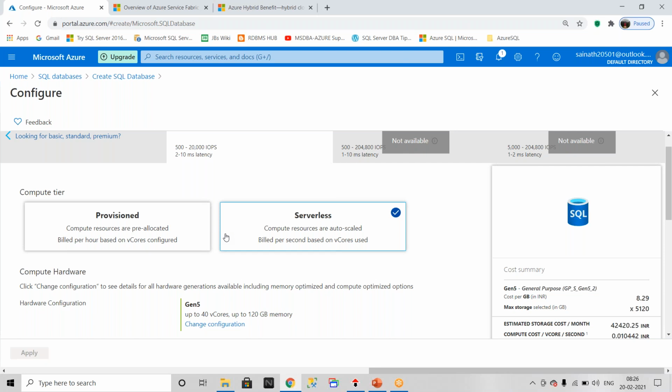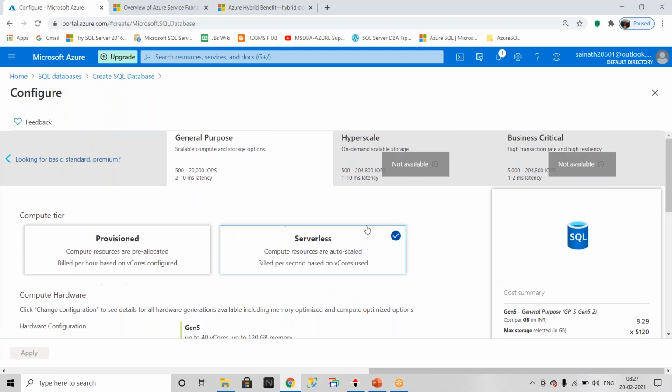Yes, sir. If we have on-premises licenses, and suppose the serverless has Linux, I will discuss that next. We are going step by step. First I discussed purchasing models: when to go for General Purpose, Hyperscale, or Business Critical, and what limitations you can see. Then in General Purpose we have the serverless provision, an interesting concept for reducing cost.